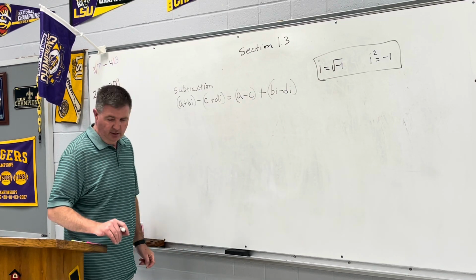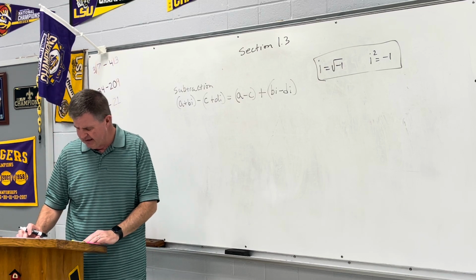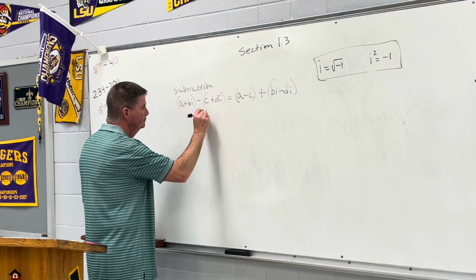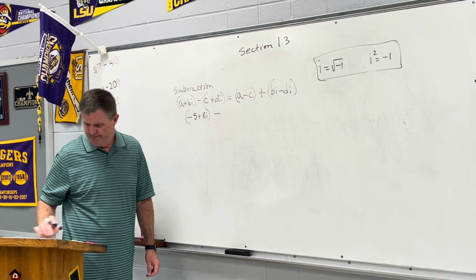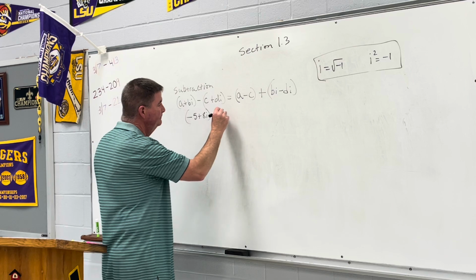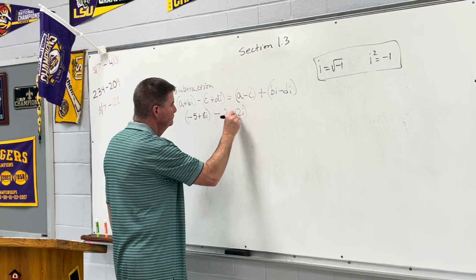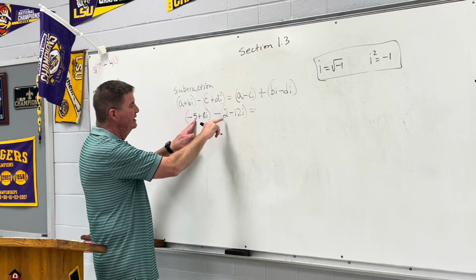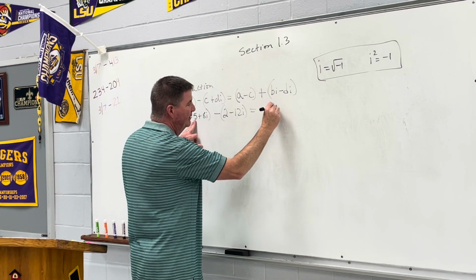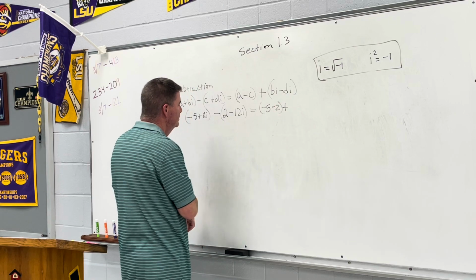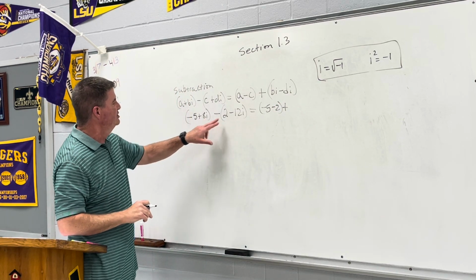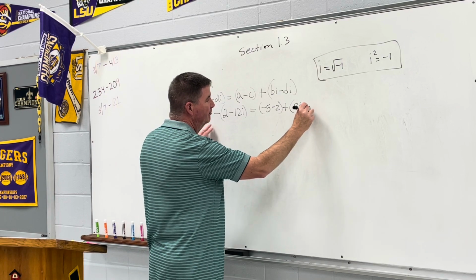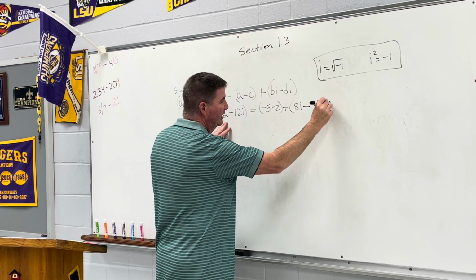Okay? So if they give me, in this case, negative 5 plus 8i minus 2 minus 12i, we're going to put it into the formula exactly like it is. The real minus the real, negative 5 minus 2, plus the imaginary minus the imaginary, which is 8i minus negative 12i.